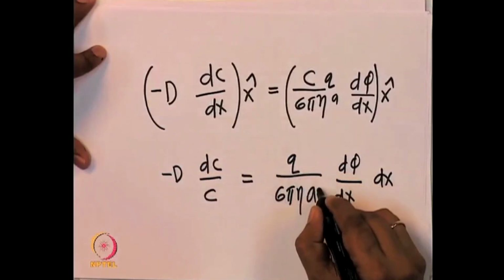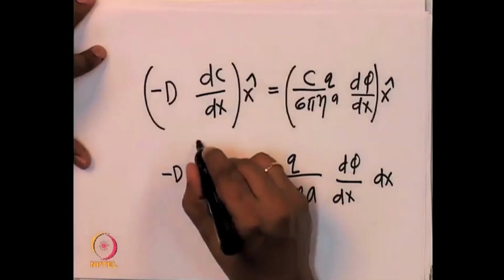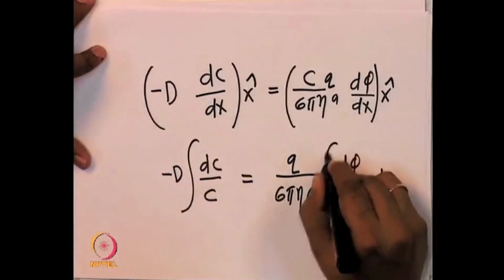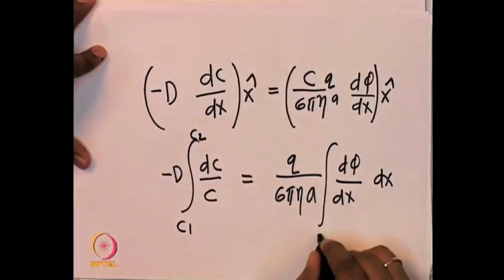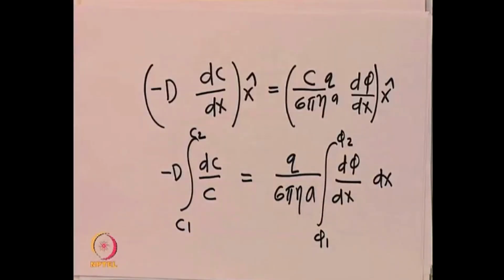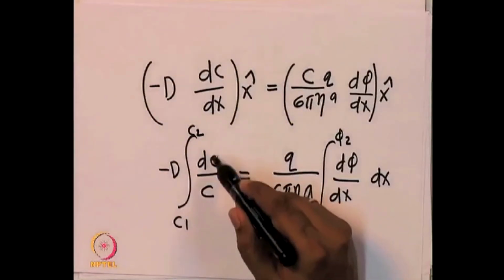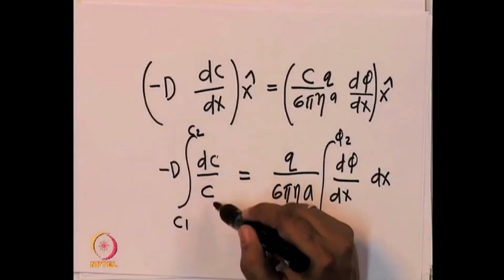I can write this d here if you wish, but I can integrate both sides, this C 1 to C 2 and this phi 1 to phi 2. So, if you do this integral properly, you know that integral of 1 by c is log c.